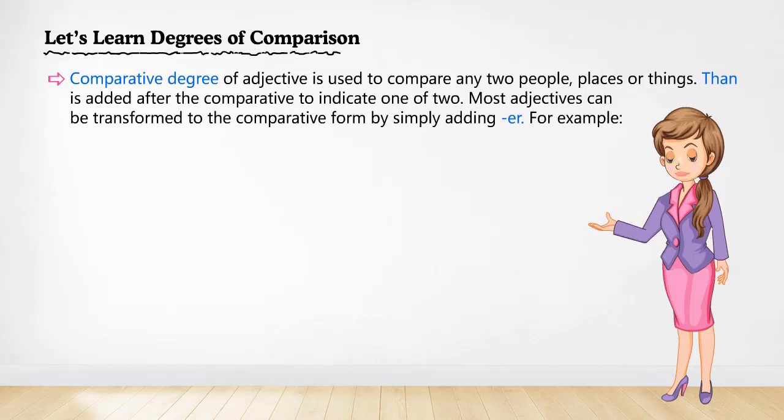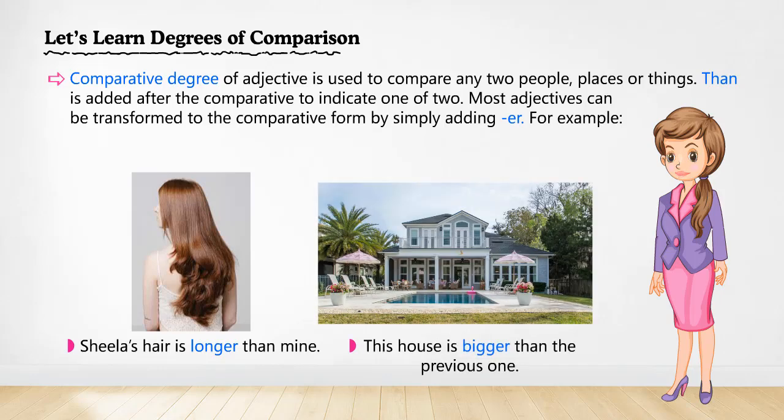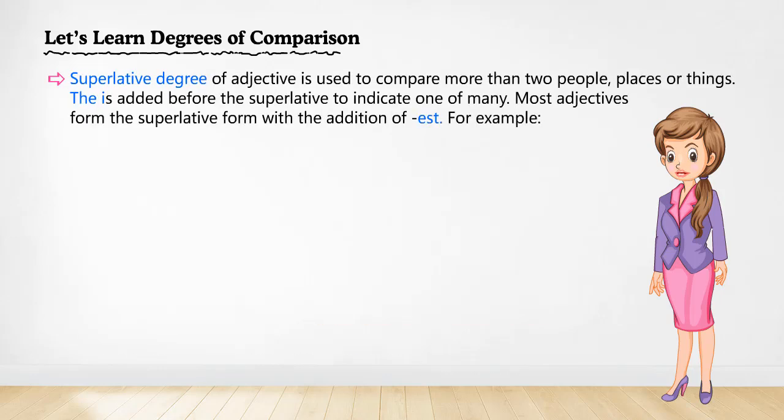Most adjectives can be transformed to the comparative form by simply adding er. For example, Sheila's hair is longer than mine. This house is bigger than the previous one. Superlative degree of adjective is used to compare more than two people, places or things.